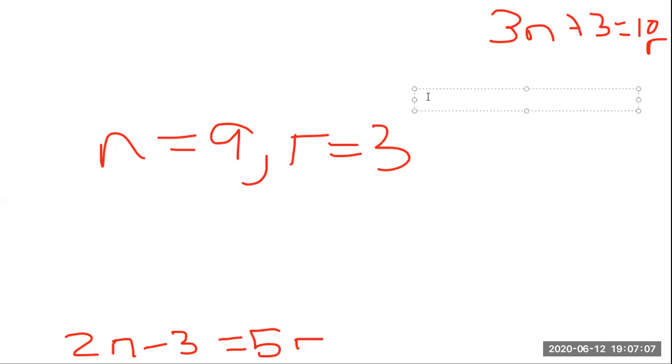Instead of inserting it back into the equation, I decided to insert it back into the combinatoric formula itself. So the entire thing becomes really long. Yeah, that overcomplicates things a lot. You could have just used the simultaneous equations. If you just have two linear equations, that's pretty easy to solve.